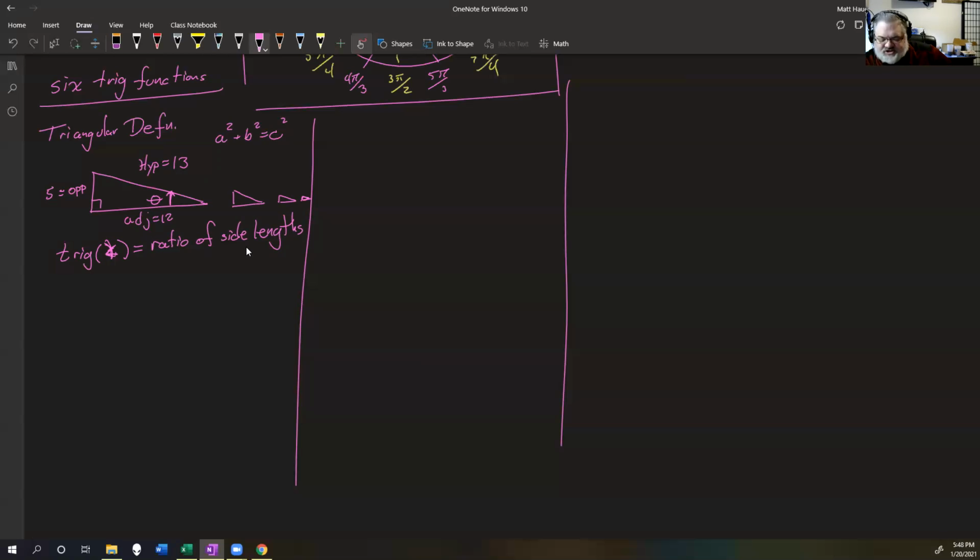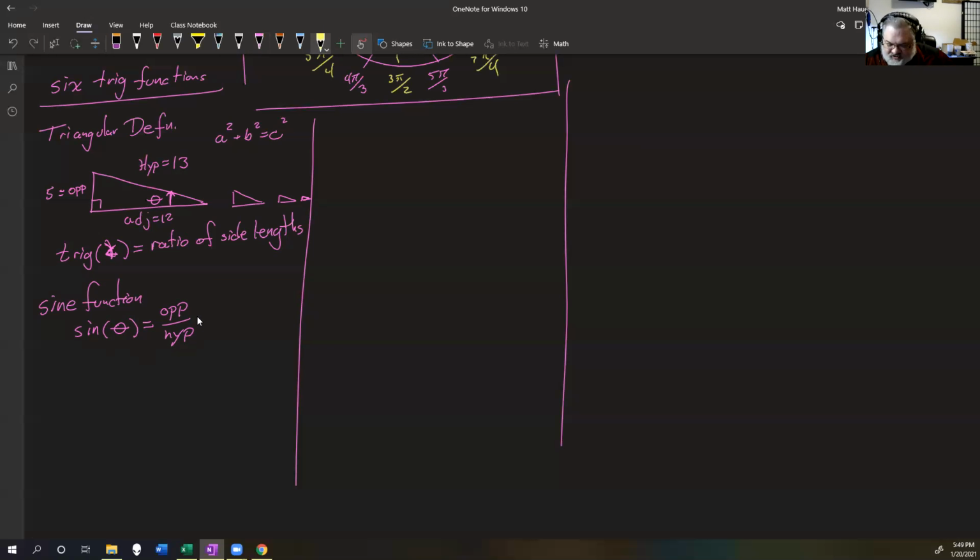Which ratio of side lengths depends on which function we're using. So, for example, the sine function, its job is to take in an angle measure and tell us what the ratio between the side opposite that angle and the hypotenuse is.